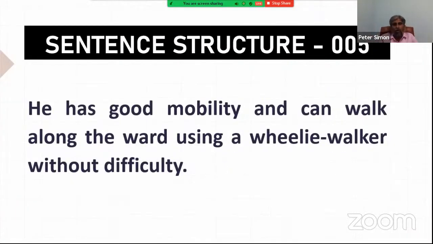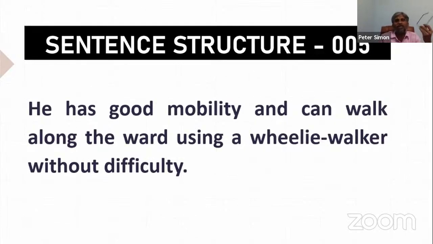He has good mobility. Mobility is uncountable, so A should not be written. Never write A with mobility. He has good mobility. Now instead of good, you can say excellent. So improve the quality. Instead of good, write excellent.